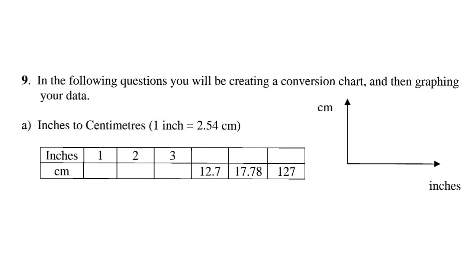So in this case, when I'm looking at this problem here, where I want to convert inches to centimeters, we have to consider going from inches to centimeters. So I'm just going to draw a little arrow underneath this.